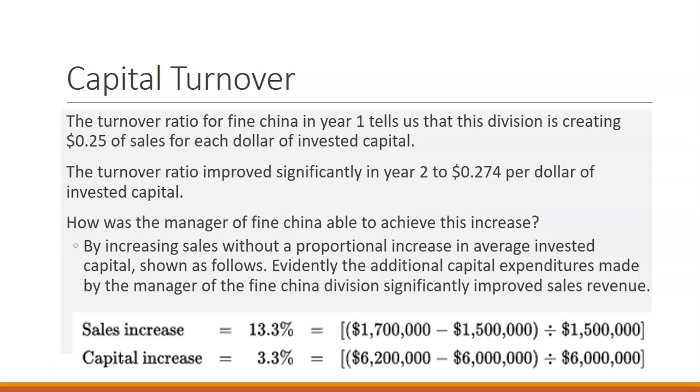And how was that component put together? Well, we had a sales increase and a capital increase. So we increased sales without a proportional increase in average invested capital. The additional capital expenditures significantly improved our sales revenue.